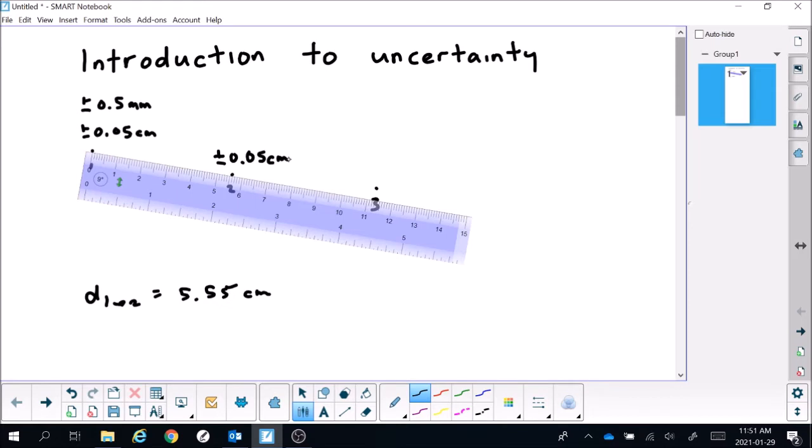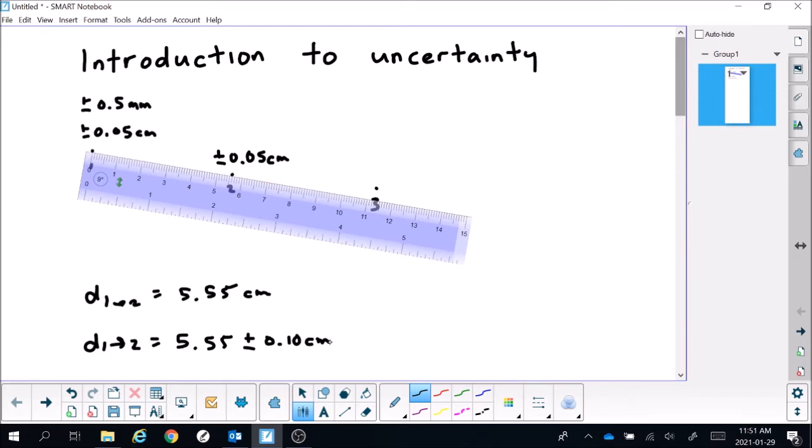Okay, so since I had to align the ruler in this leftmost position and in this rightmost position, my total uncertainty of this calculation would be 5.55 plus or minus 0.10 centimeters.